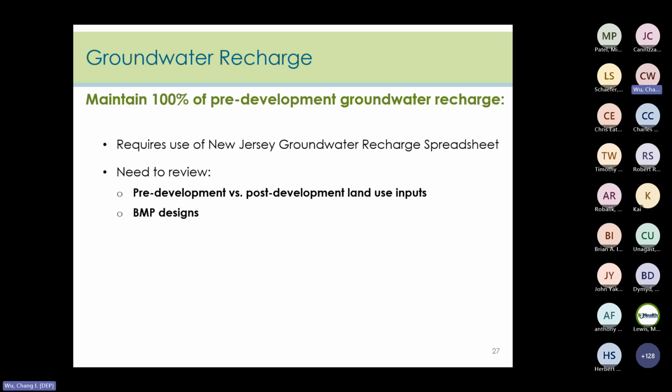And the first thing you want to review in the NJGRS spreadsheet is that you want to make sure that the pre-development versus the post-development land use input, and also the BMP design information, are available.